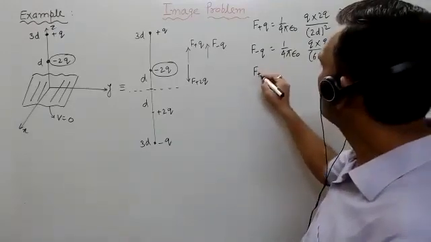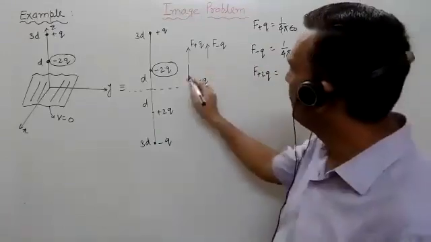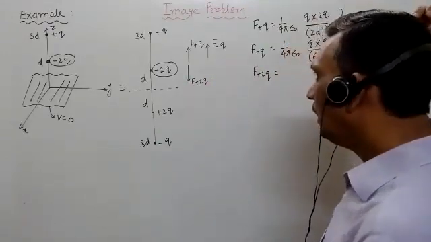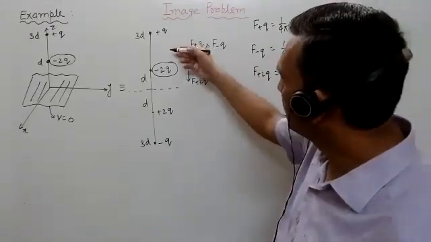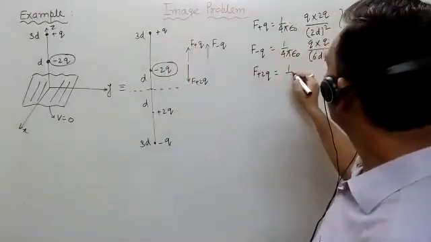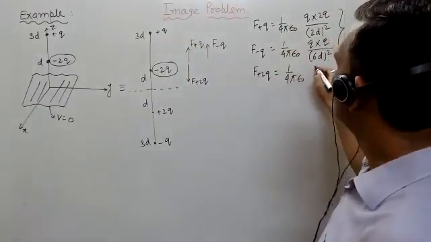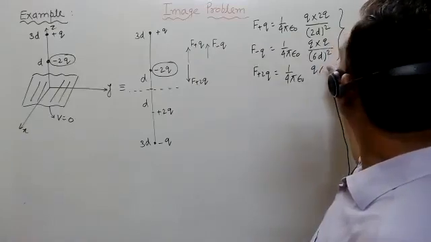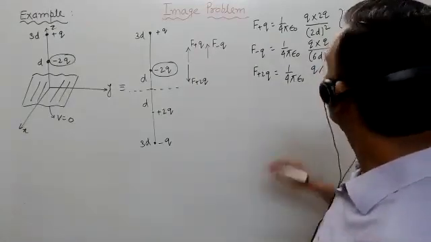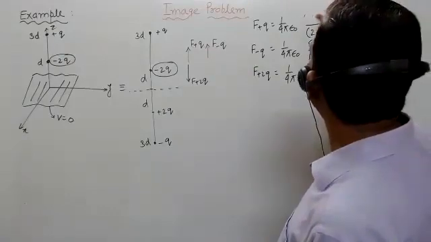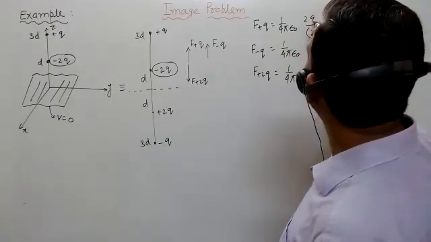And what will be F plus 2q? F plus 2q is at 4d. So 1 by 4 pi epsilon 0, this is 2q. In each case, you have to write 2q into q.